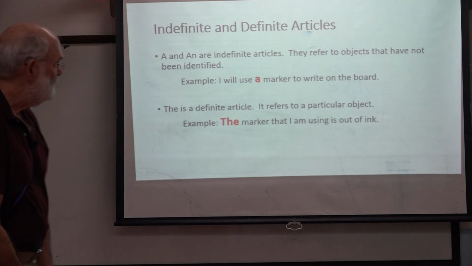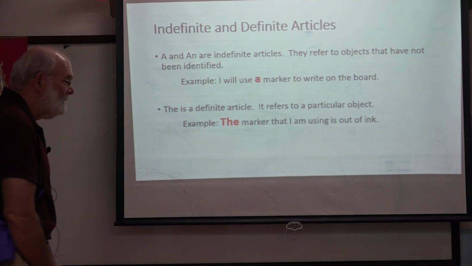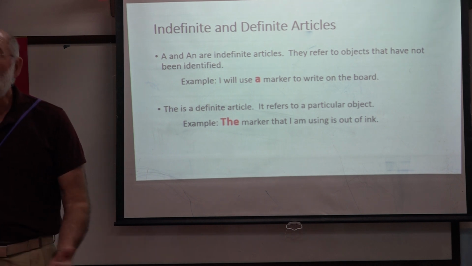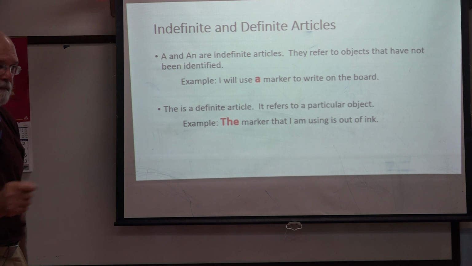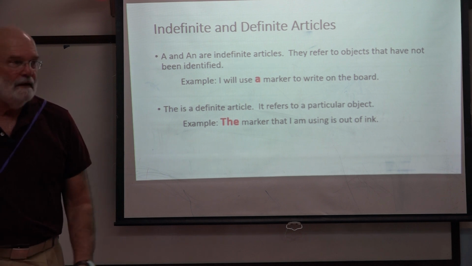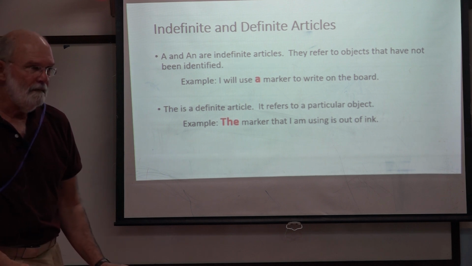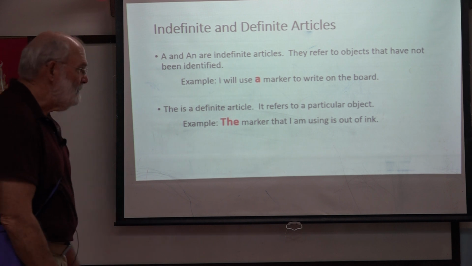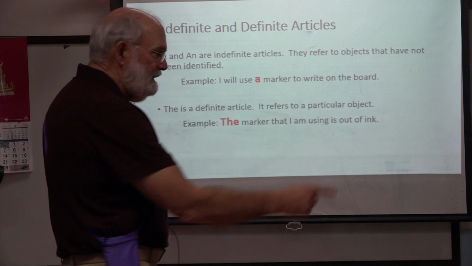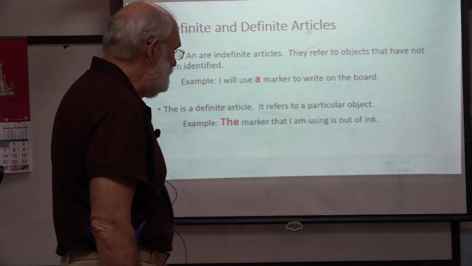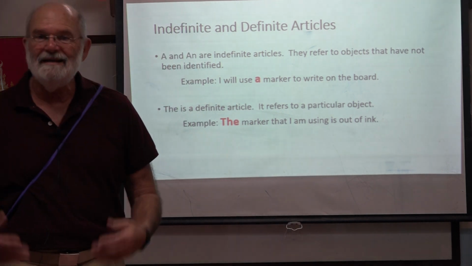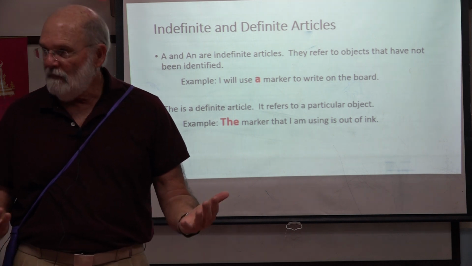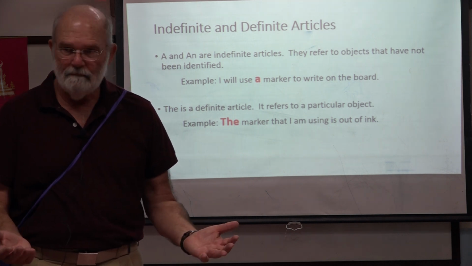Okay? So, I will use a marker to write on the board. Now, I'm not referring to any special marker. I'm referring to just any marker. So I will use a marker. When I say a marker, it could be that marker, it could be that marker, it could be that marker over there. It's indefinite as to which marker I'm referring to.